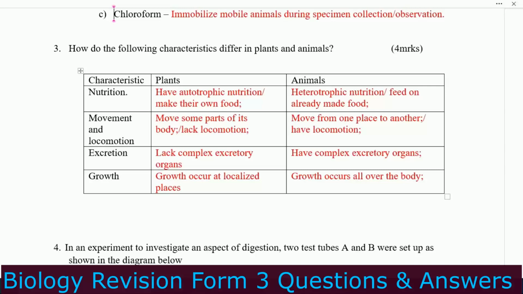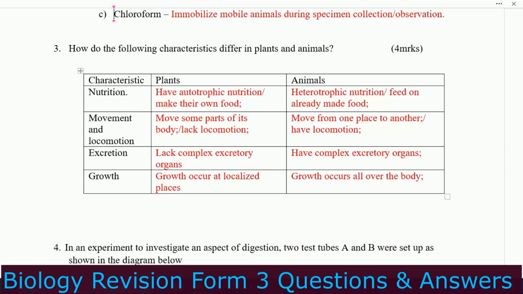How does it occur in plants, and how does it occur in animals? So this table was not filled up, and therefore you should be able to differentiate and get marks. This table does not have the answers that you can see. It is us that have filled it for you.